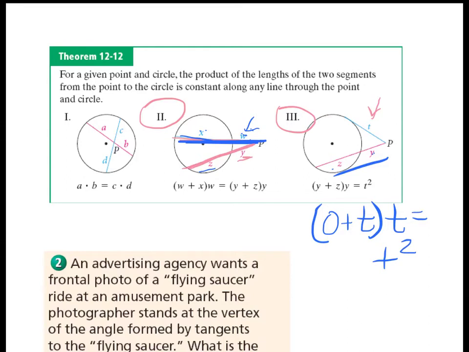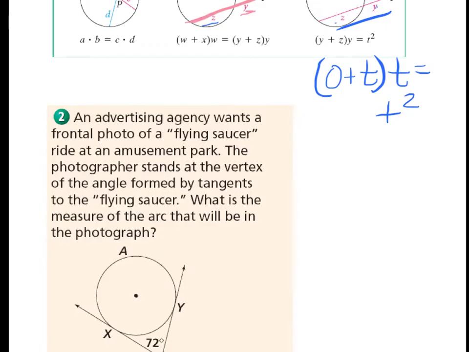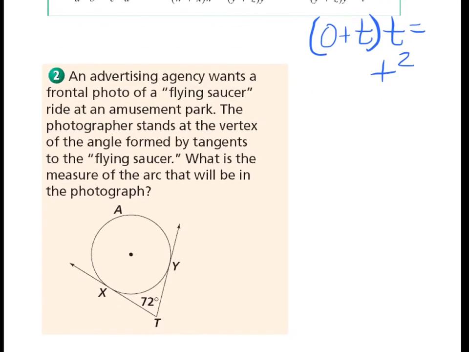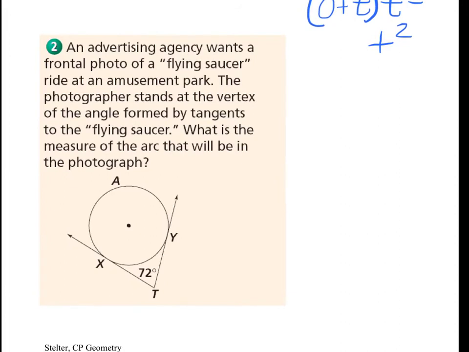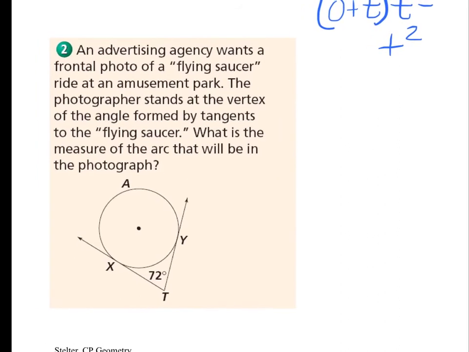Alright, so in this case, an advertising agency wants a frontal photo of a flying saucer ride at an amusement park. The photographer stands at the vertex of the angle formed by the tangents to the flying saucer. What is the measure of the arc that will be in the photograph?